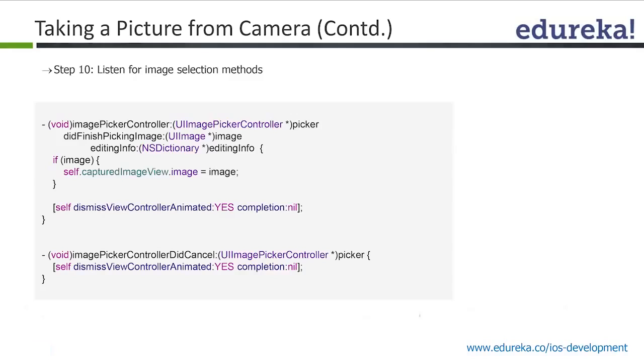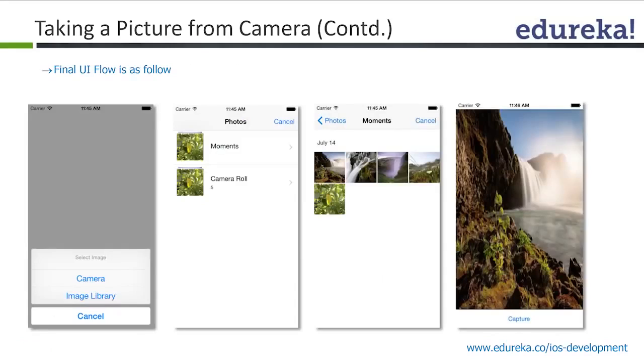If the user clicks cancel, you will get a call to imagePickerControllerDidCancel, and you have to dismiss the image picker controller you have shown, removing it from the screen.